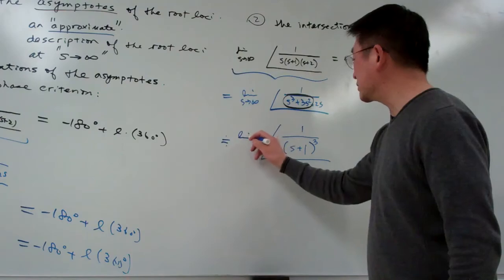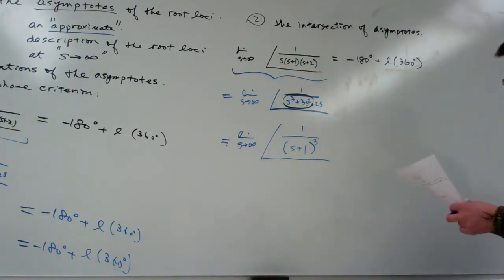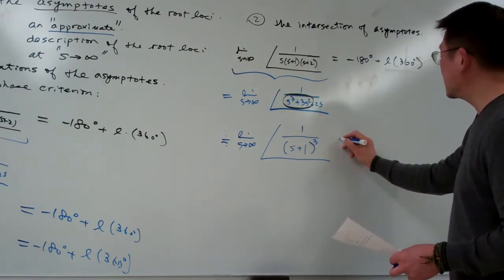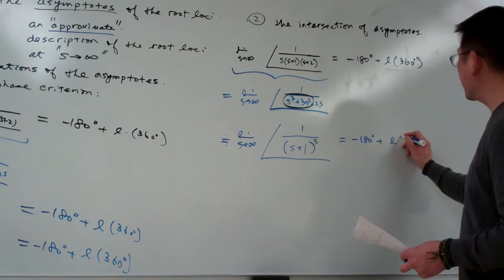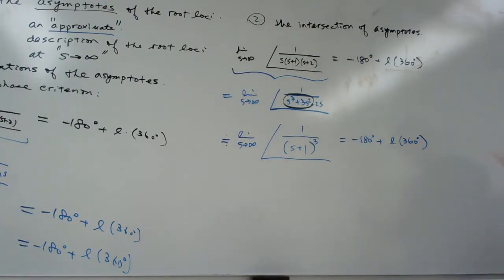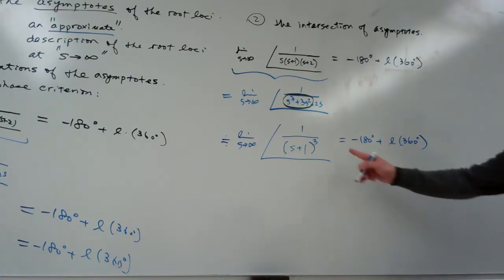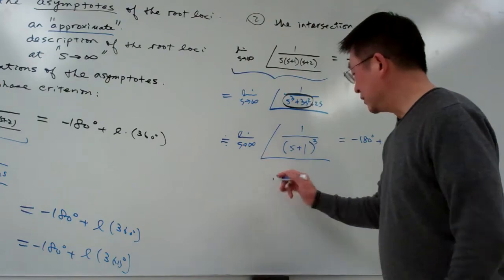Okay, so here is the S. We still copy this. Okay. So this one, again, is equal to minus 180 degrees plus L times 360 degrees. We copy from the right-hand side here. With this information, again, what is this?